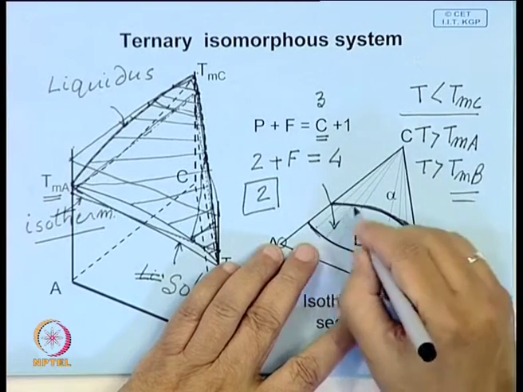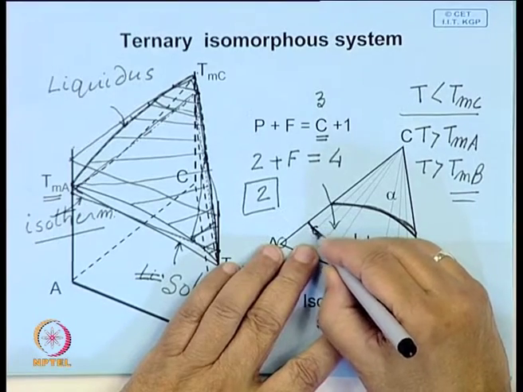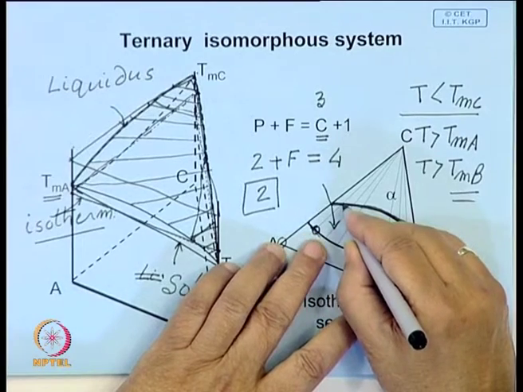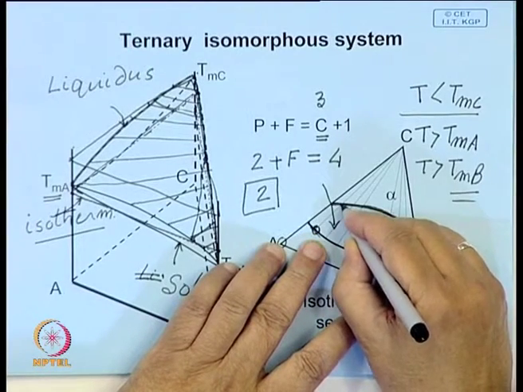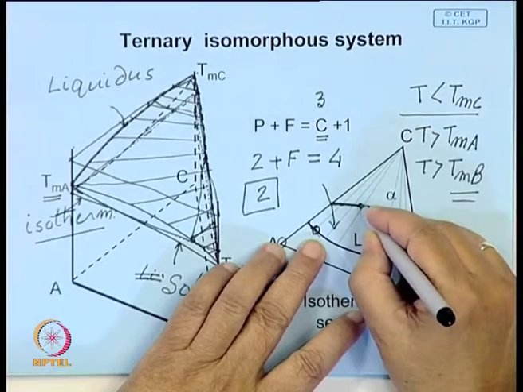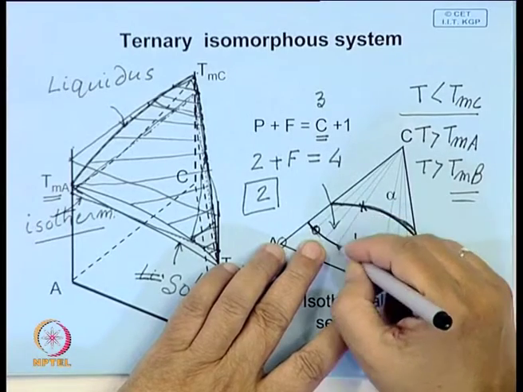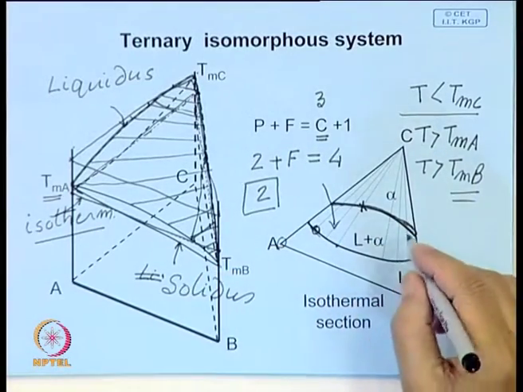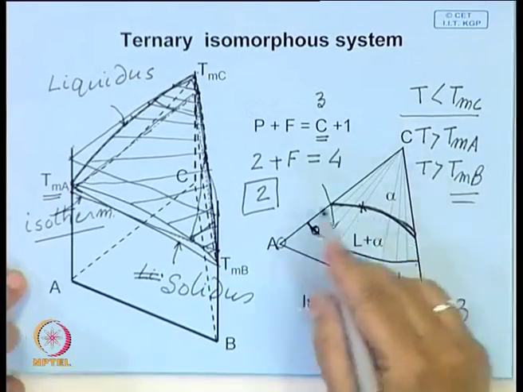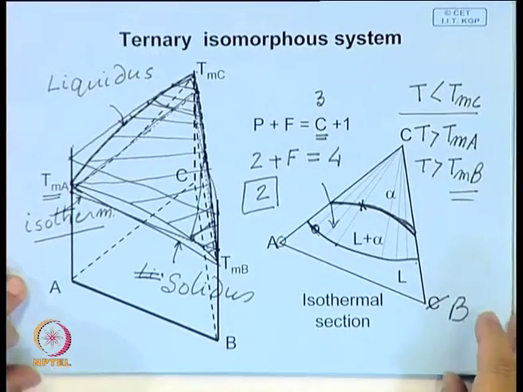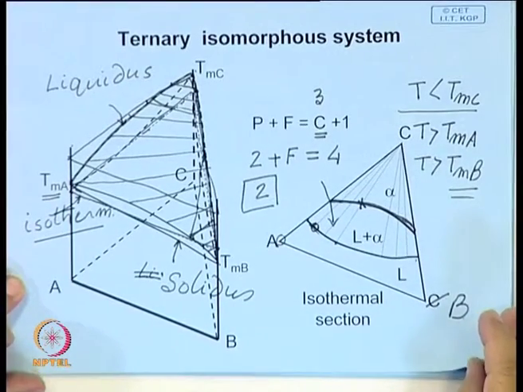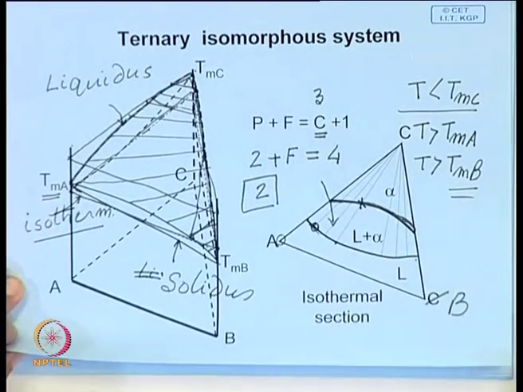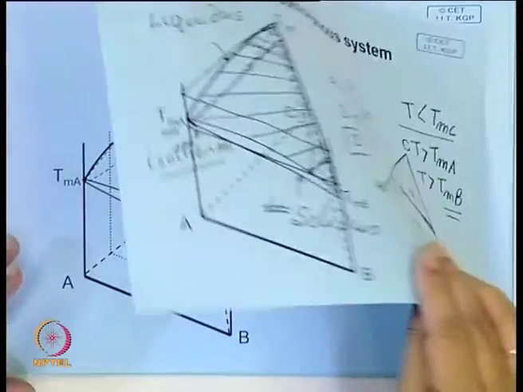Either you fix that my liquid has this composition, and then you can calculate the composition of the solid, which becomes fixed, or else you say that the solid has this composition, and then the liquid becomes fixed. This we will see later when we talk about how we can apply the principles of thermodynamics to calculate this phase diagram.